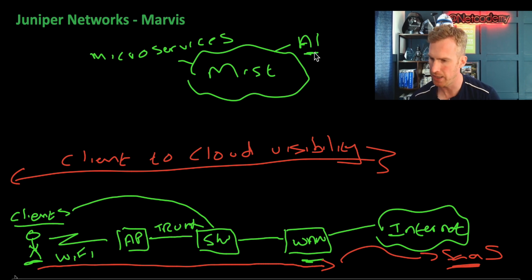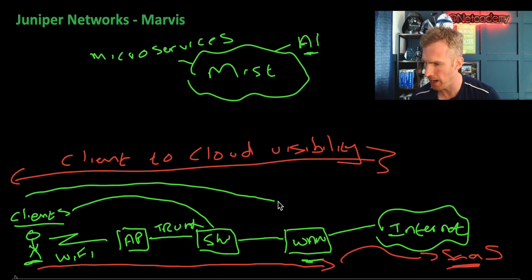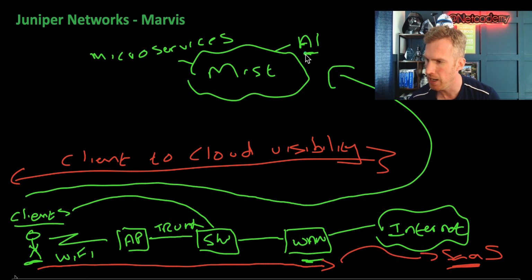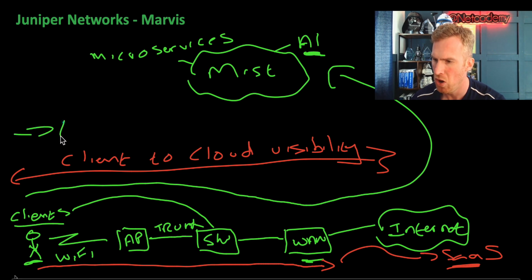But using all of the data which is being sent from the clients and AP switches, WAN routers up to the Mist cloud allows the AI engine to have, via the wireless, wired, WAN licensing, the AI insights into each one of those parts of the network, and thus able to determine what's the overall experience like of the clients that are connecting to this network.